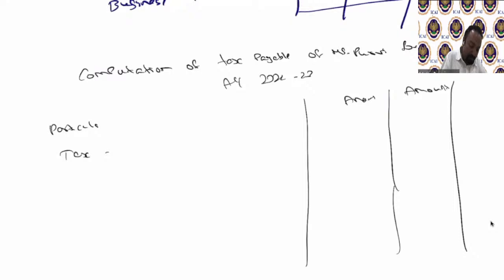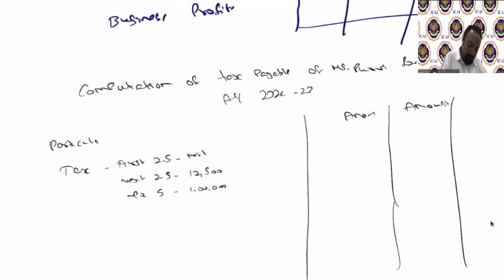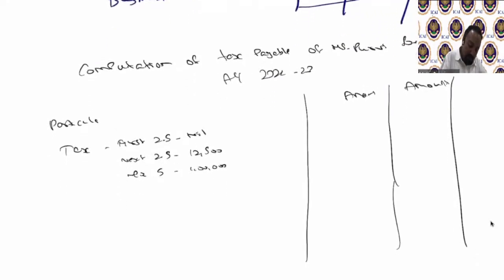So assuming for the first 2.5 lakhs it is nil. Next 2.5 it is 12,500. Next 5 lakhs it is 1 lakh. So the balance is what, 420,200, right? For the balance 420,200, it is 30%.